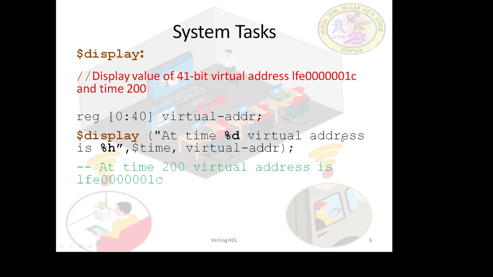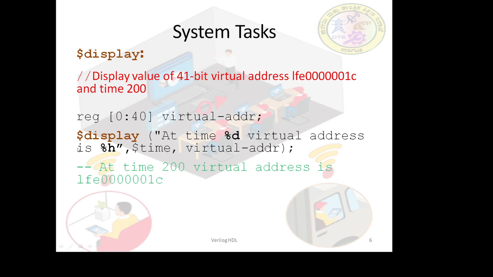The virtual address is in hexadecimal form, so we use percentage H. Then the double quotes are closed, then a comma, and these are the parameters we want to see: $time, which has 200 units of time, and the virtual address.